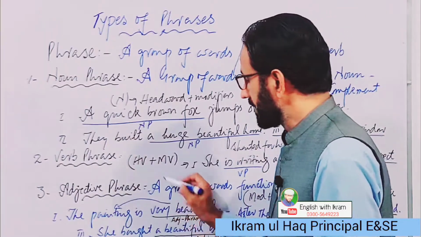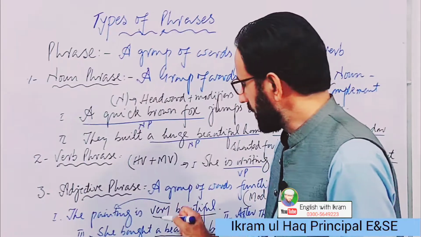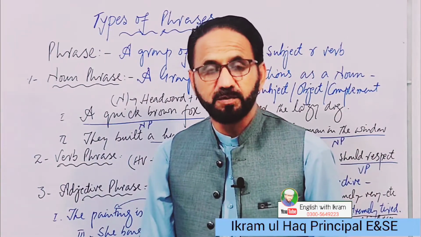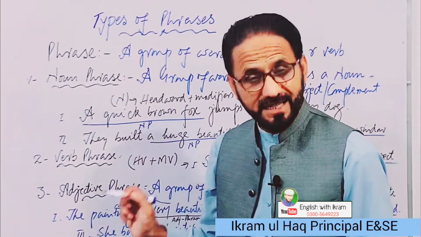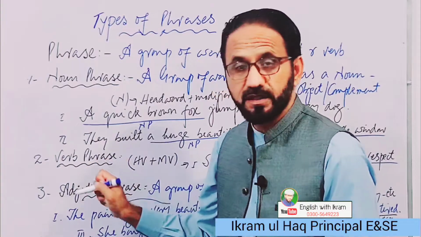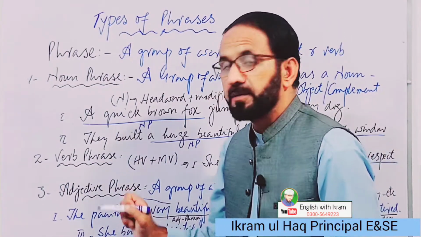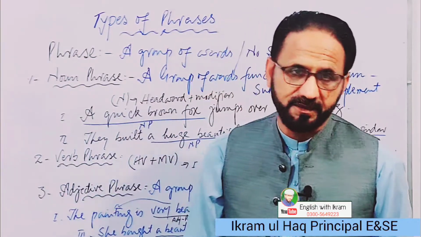This group of words is an adjective phrase. An adjective phrase functions as an adjective in a sentence. It tells something more about a noun. So this very beautiful, ये जो phrase है, ये हमें यहाँ पे painting, that's a noun, उसके बारे में बताता है. That's why this is an adjective phrase.